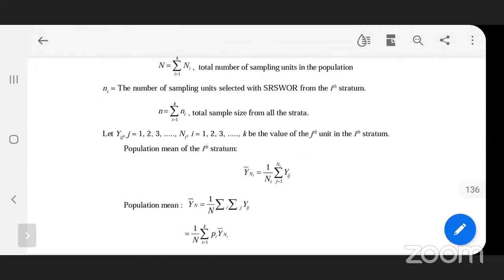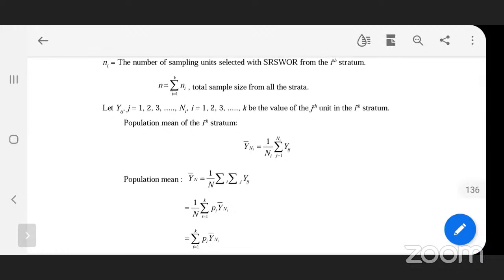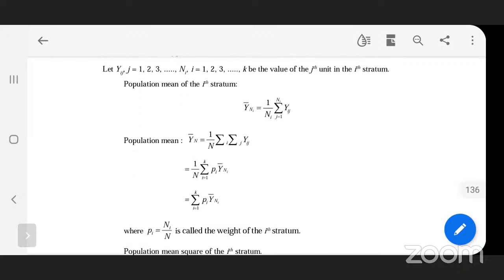Next, let Yij, with j equal to 1 to Ni and i equal to 1 to K, be the value of the jth unit in the ith stratum. The population mean of the ith stratum is Y bar i equal to 1 by Ni times the summation of Yij, j equal to 1 to Ni. The overall mean uses a coefficient Pi, which is Ni by N, the weight of the ith stratum.